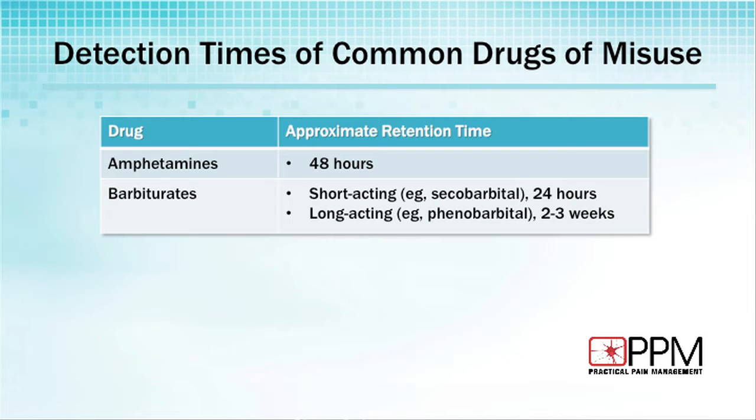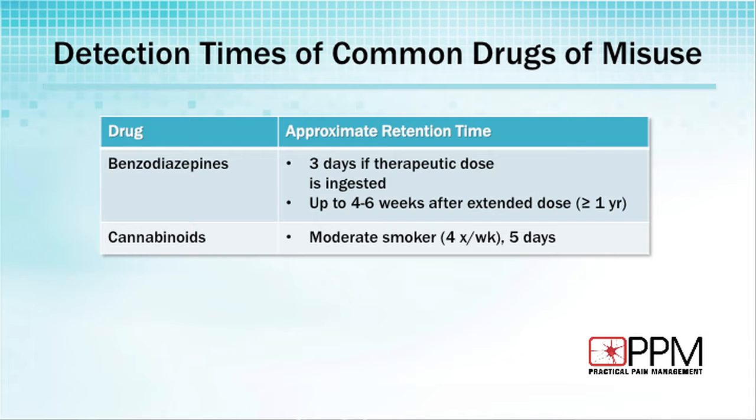But a longer acting agent like phenobarbital might be there for several weeks, particularly if the patient is taking it chronically. Benzodiazepines, again, can tend to be shorter in their duration of retention, but might be there for several weeks at a time.